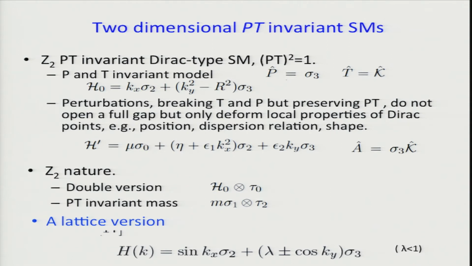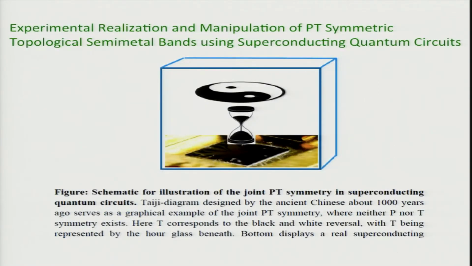Once I saw this lattice version, because I have also done some work before on quantum computing, I considered a system using the qubit. Here I give you the ancient Chinese cartoon for the PT symmetry. Black and white is time reversal, day and night.